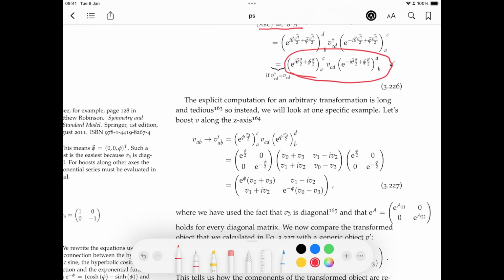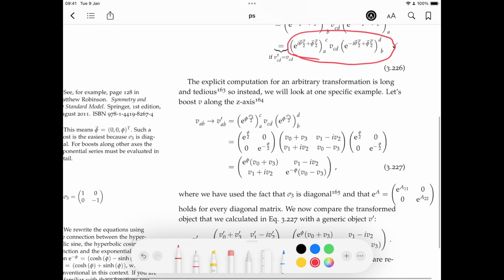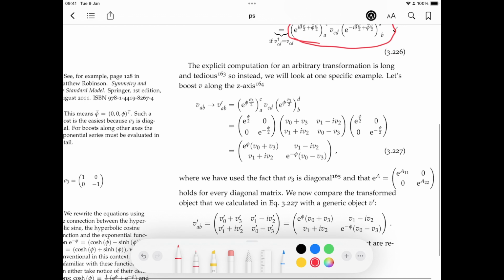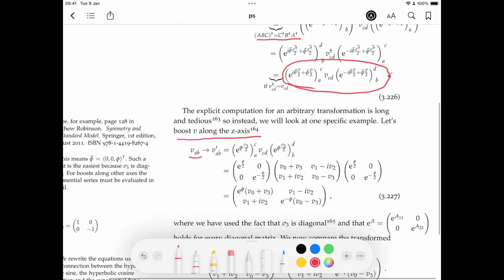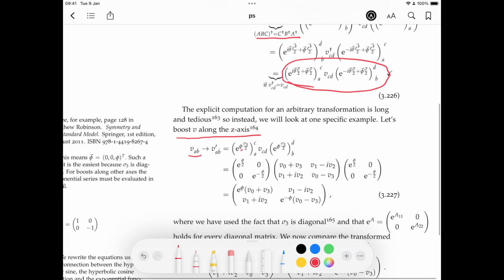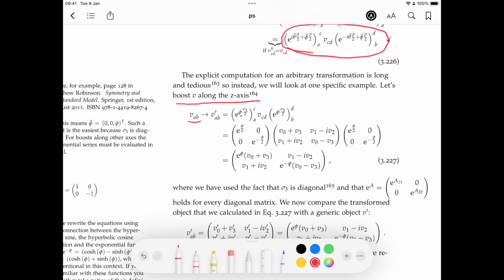He just shows one explicit example. Let's imagine that we are boosting our vector v along the z-axis. What will happen to that spinorial object? We just use the formula from the top, the thetas are gone, and we just have phi here and sigma 3. We have the same formulas here and here, and after multiplication we obtain that.